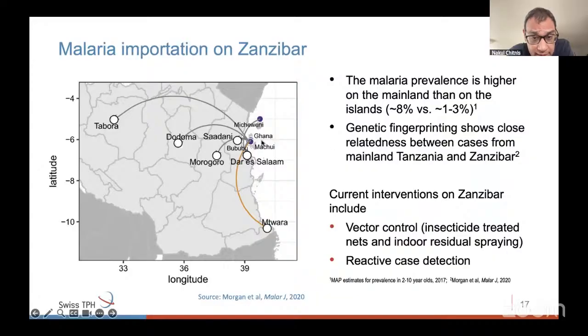And a lot of malaria in Zanzibar comes from outside, and genetic fingerprinting shows that there's very close relatedness between cases in Zanzibar and mainland Tanzania, and you can see the areas of Tanzania that have been importing malaria into Zanzibar. And the current interventions are reactive case detection and indoor residual spraying.